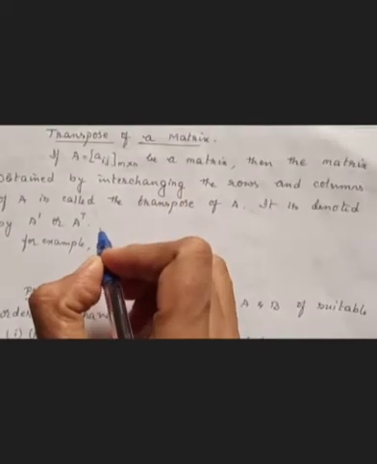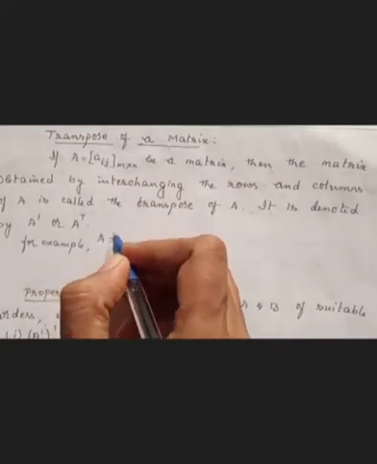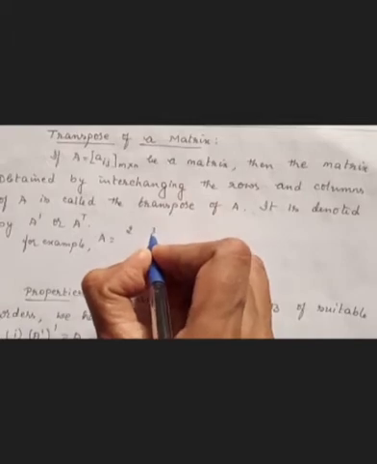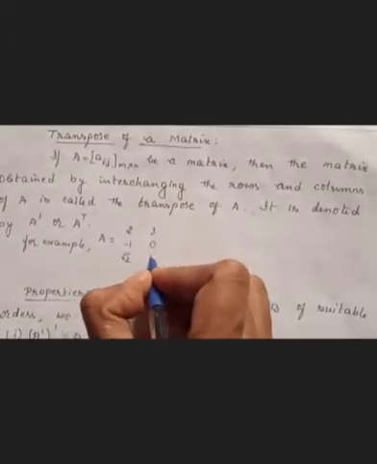Then the matrix obtained by interchanging the rows and columns of the given matrix is called the transpose of the matrix. For example, I'll consider the matrix with rows 2, 3, minus 1, 0, root 2, 5.